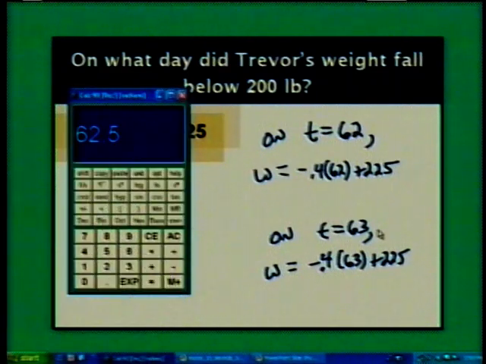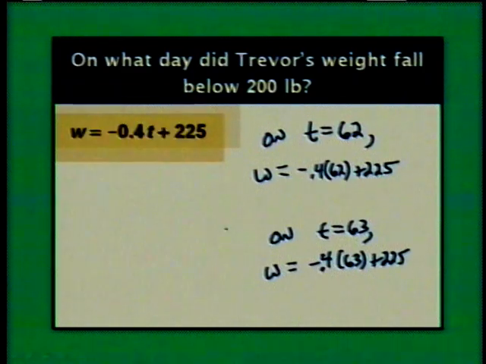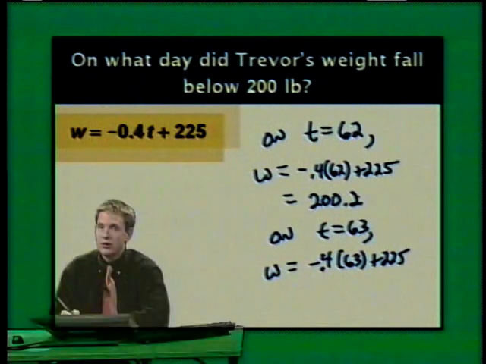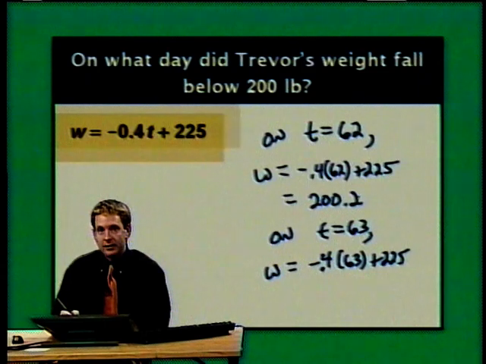So the first weight is negative 0.4 times 62 plus 225. The first weight is 200.2, and contextually, that's 200.2 pounds. I'm not going to use my calculator to get the second weight.